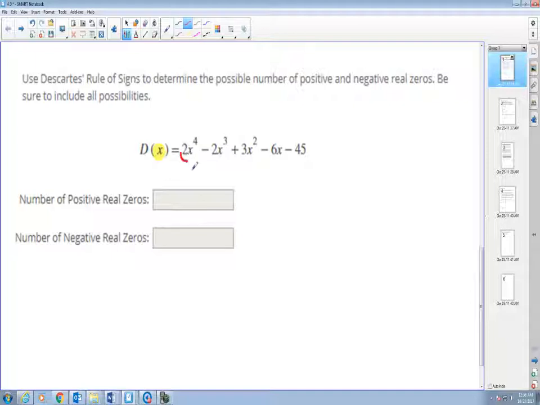Positive to a negative, that's one sign change. Negative to a positive is another sign change. Positive to negative is another sign change. Negative to negative, there's no sign change. So that means I have 3 positive real zeros.